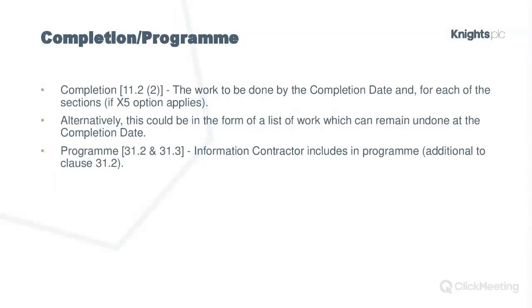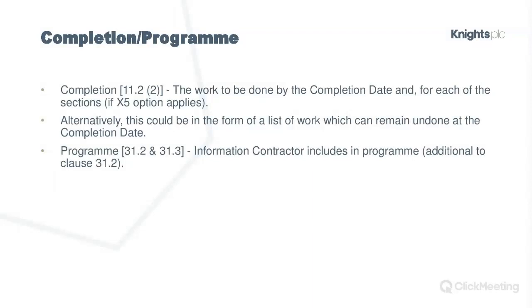It may also include information that the contractor is to include within its programme. Already said that the programme is a key document in NEC. It's absolutely critical to getting any extra time. So any compensation event where you're wanting an extension of time, your accepted programme is critical.